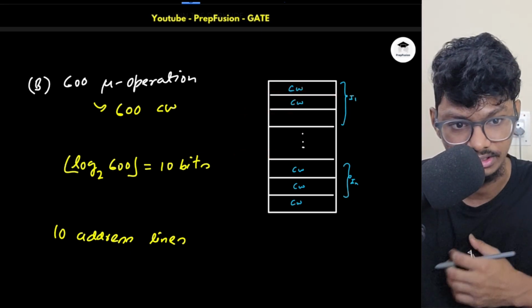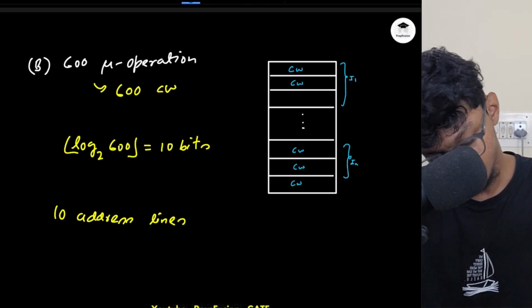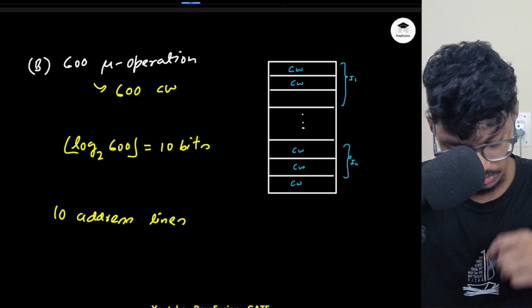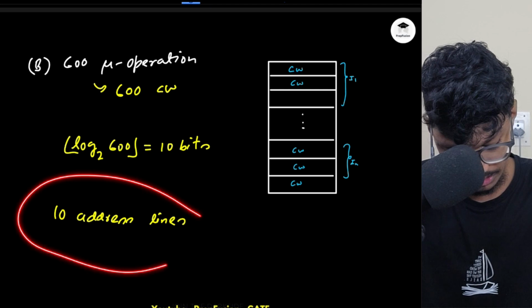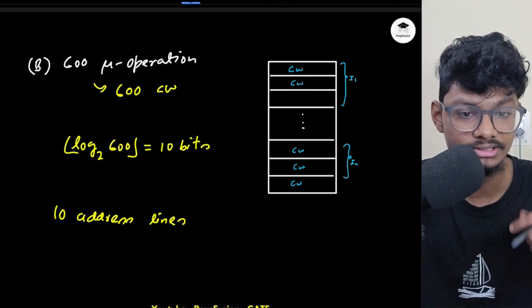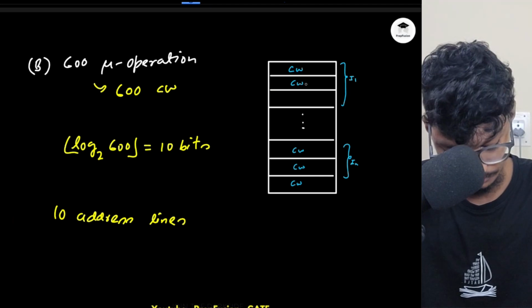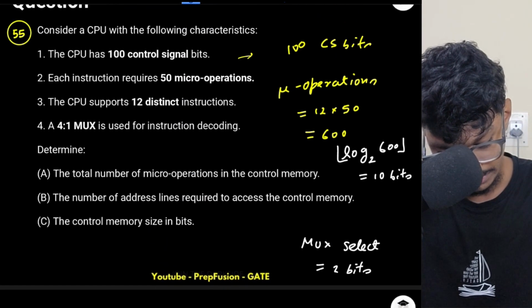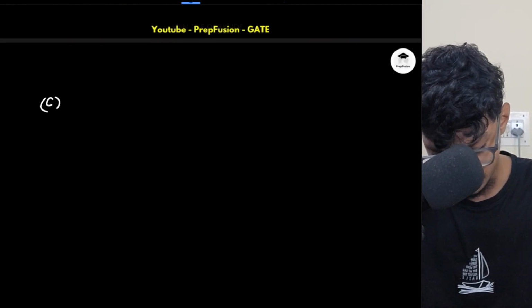So I have total 10 address bits, and each control word contains how many bits? I already know that I have 100 control signal bits.